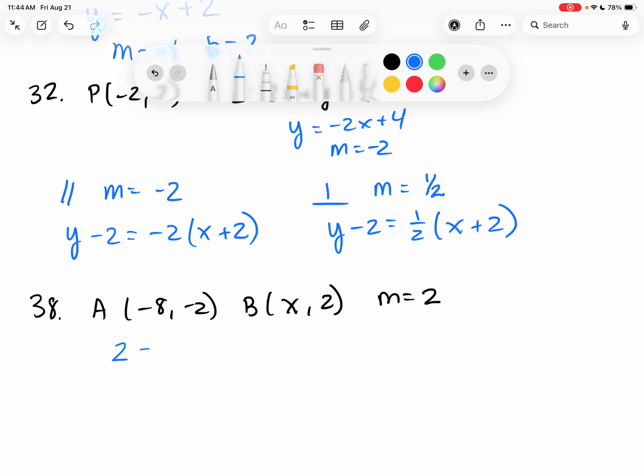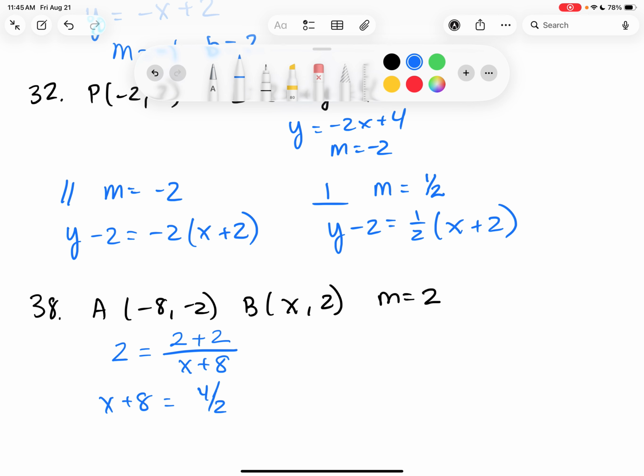So we've got 2 is equal to 2 plus 2 over x plus 8. What I would honestly do here is just swap these things. I wouldn't distribute it, move it, and do all the things. I'd literally just swap these. So I end up with x plus 8 is equal to 4 over 2.